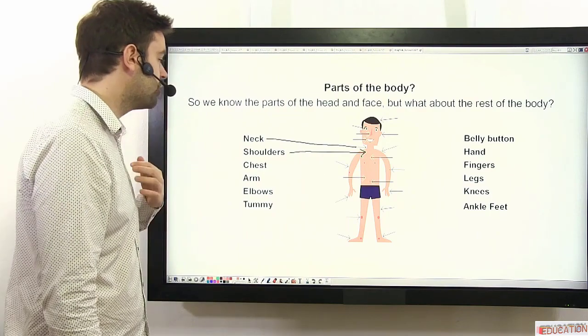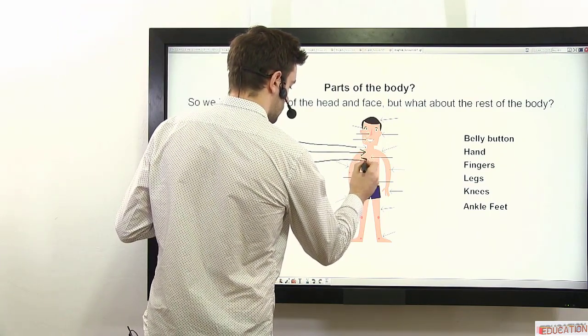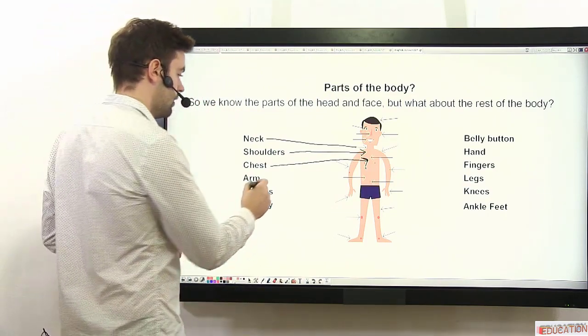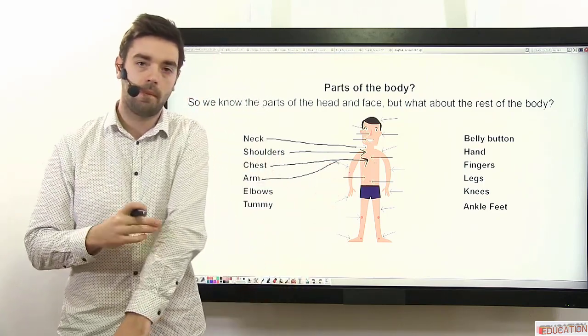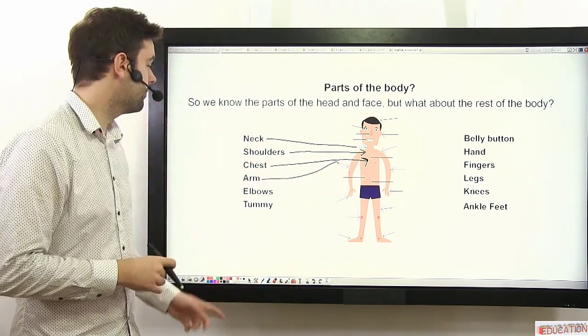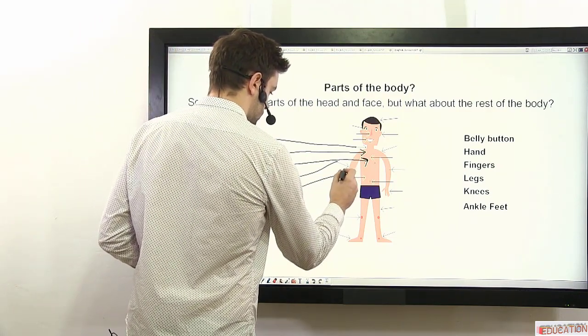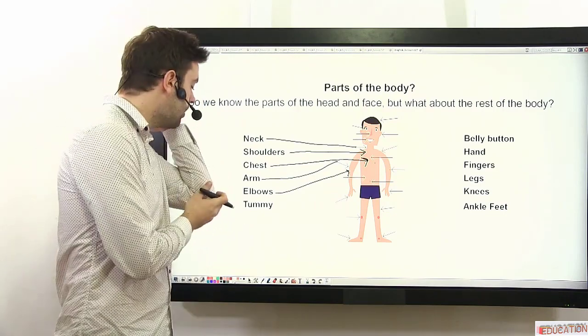We have the chest. We have the arm. We have the elbow.